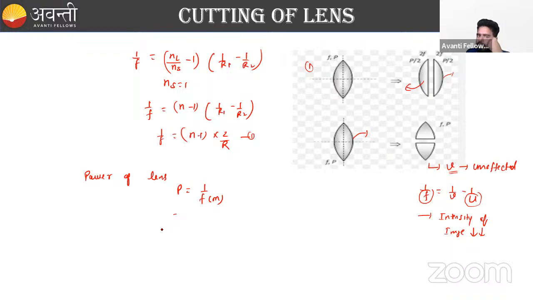As we consider a converging lens, the focal length is positive, so power is positive for a converging lens. And if the focal length is negative, power is also negative, and this is valid for a diverging lens.